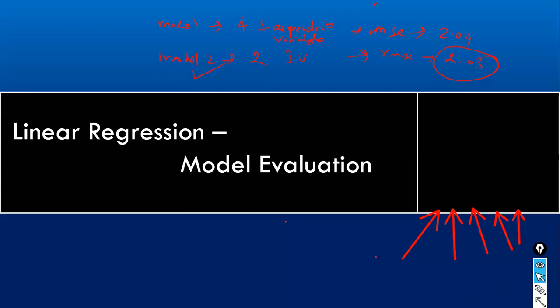So model 1 and model 2, what is the RMSE for this? 2.04. What is the model 2 RMSE? 2.03. Since this model has lesser error, it has better accuracy. How do you decide what made it get the lesser RMSE? The simple reason is these two independent variables are highly correlated with my dependent variable. But in the other case, of the 4, only 2 were highly correlated with my dependent variable.